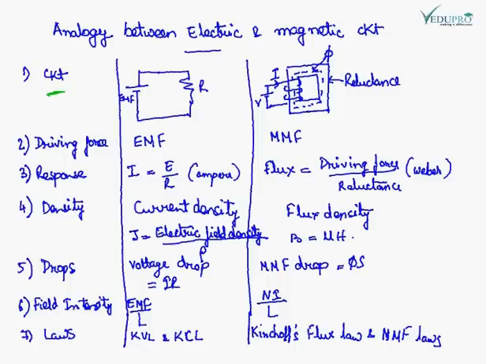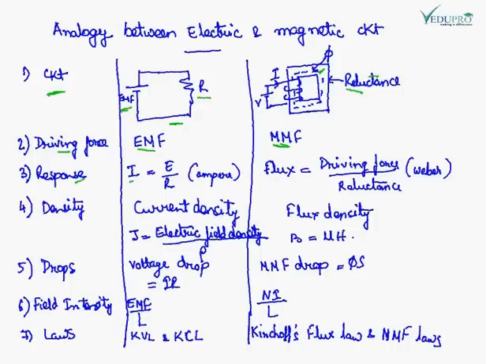In an electric circuit there is an EMF and resistance, whereas in a magnetic circuit there is flux running and opposed by reluctance. This is reluctance. Now the driving force: here the driving force is EMF and here the driving force is magnetomotive force, that is MMF, and EMF stands for electromotive force.